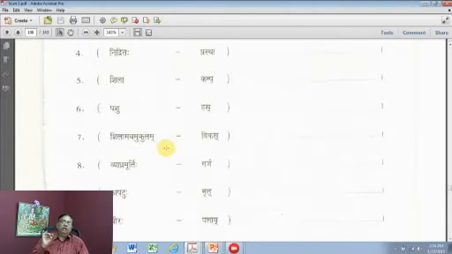So, Silamaya mukulena na vikasyate is equal to Silamaya mukulam na vikasati. Srinivas, Silamaya mukulam na vikasati is the artha. A bud made of stone does not blossom.